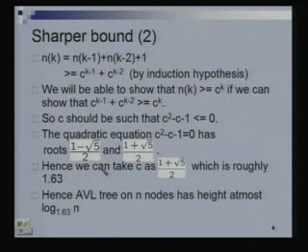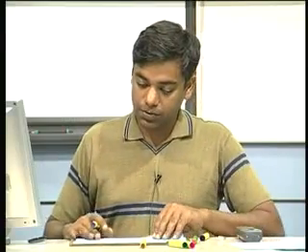Okay, and so you will have that the AVL tree on n nodes has height log of n to the base 1.63, this quantity. Because what have we said? If I take a tree on n nodes, we just do the same argument as before.